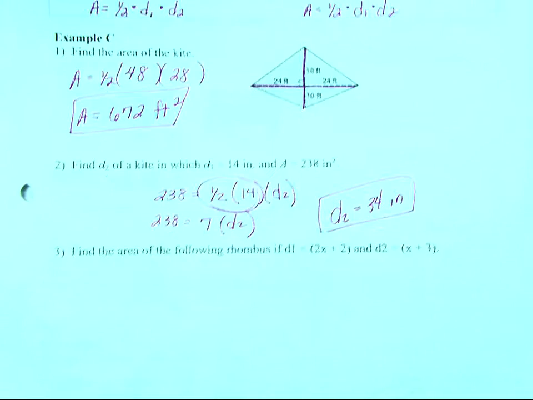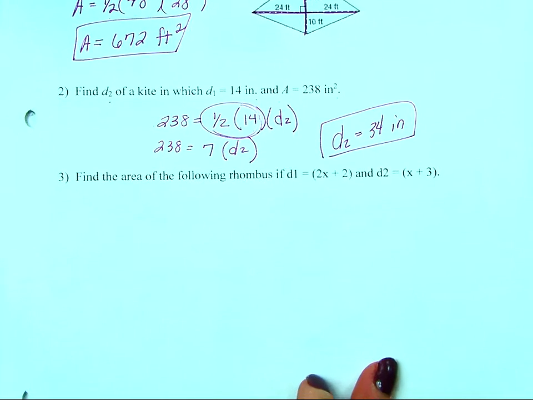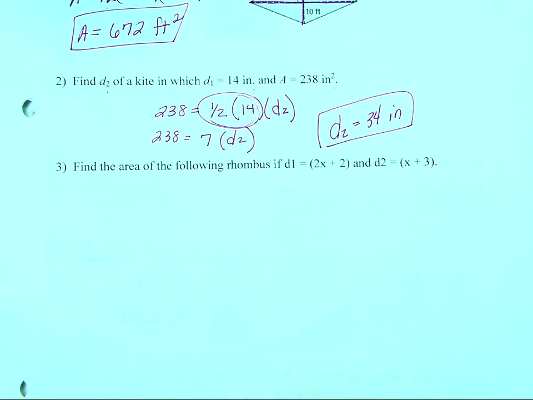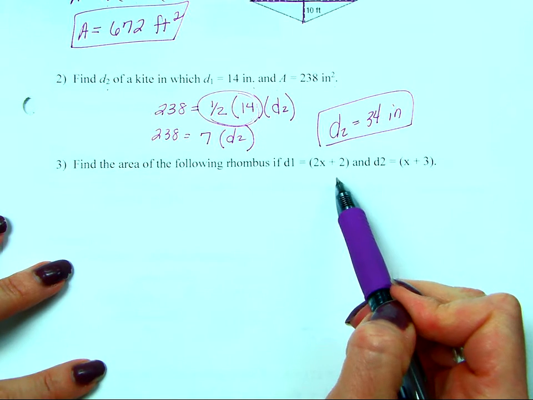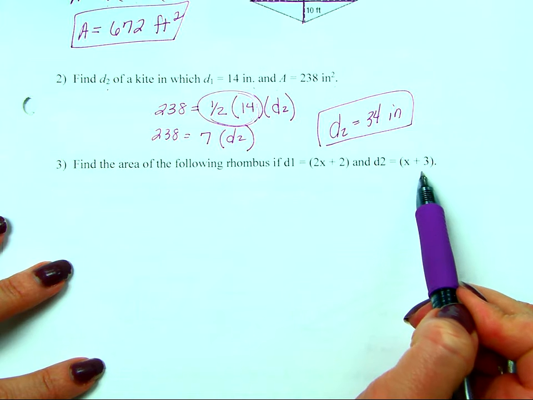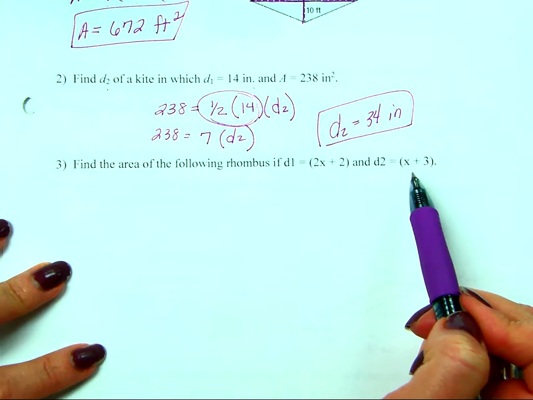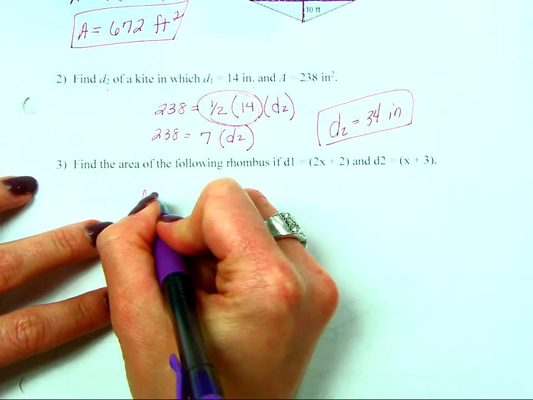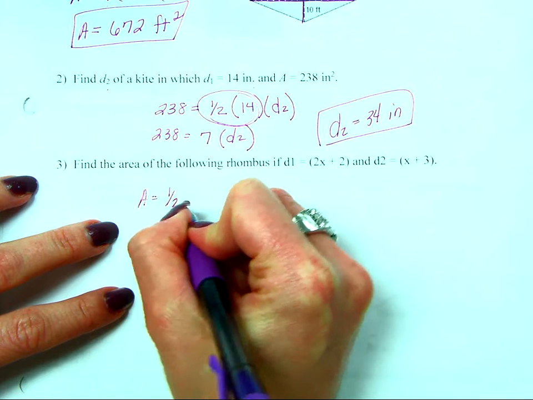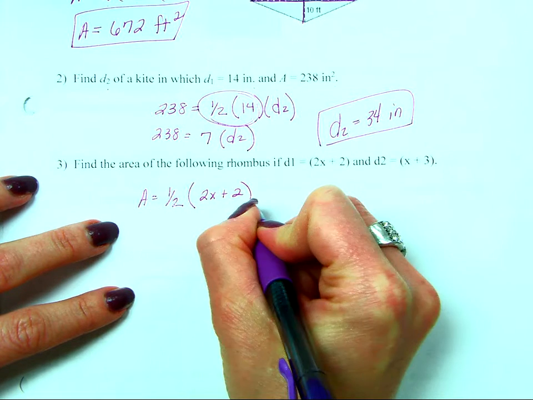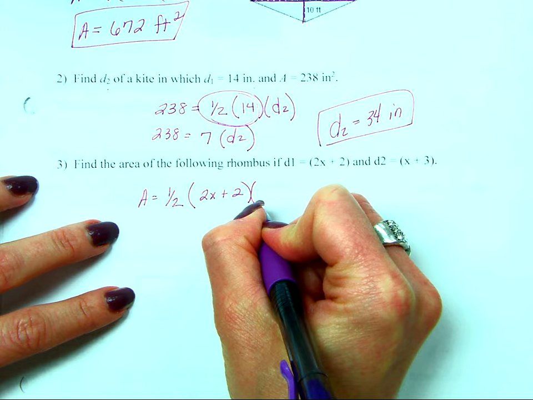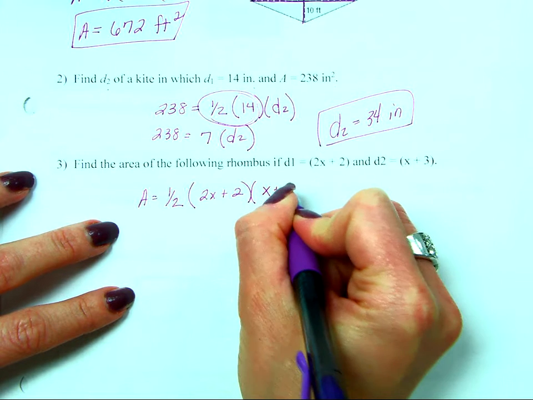Okay, let's take a look at the last one. The last one asks us to find the area of my rhombus if D1 is 2x plus 2 and D2 is x plus 3. Okay, well, let's fill in what we know. Area is 1 half diagonal 1 times diagonal 2.